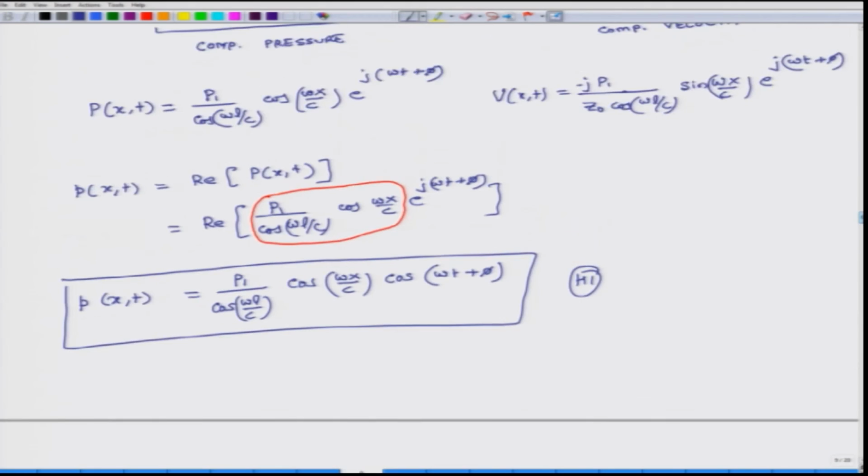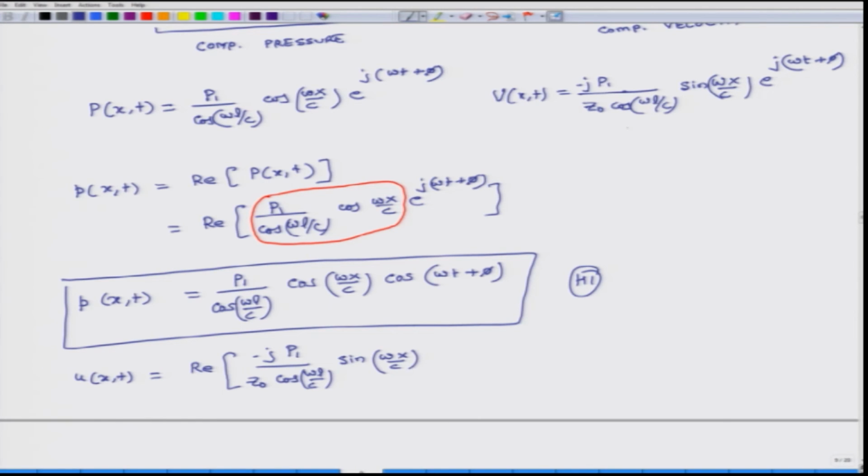So, the next thing is that we figure out what is velocity. So, u of x and t is equal to real of minus j P1 divided by z0 cos(ωL/c) sin(ωx/c).